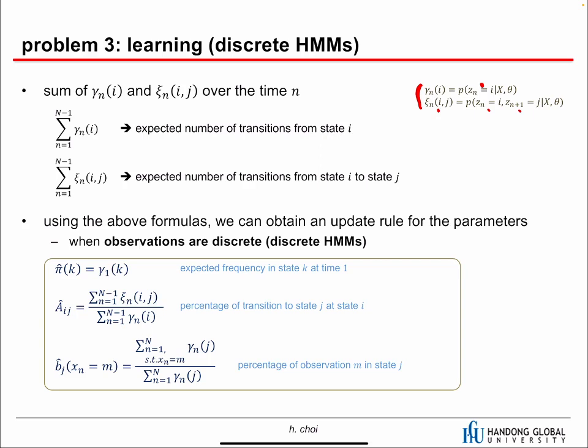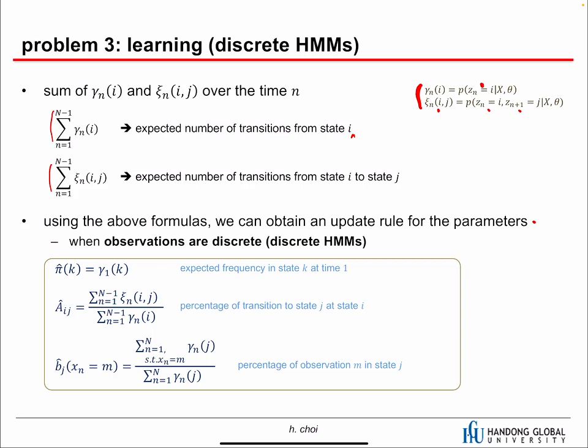And when we take the sum of this gamma, then it is the expected number of transitions from state i, or simply it is the expected number of paths going through state i. And when we take the sum of this psi, then it is the expected number of transitions from state i to state j.